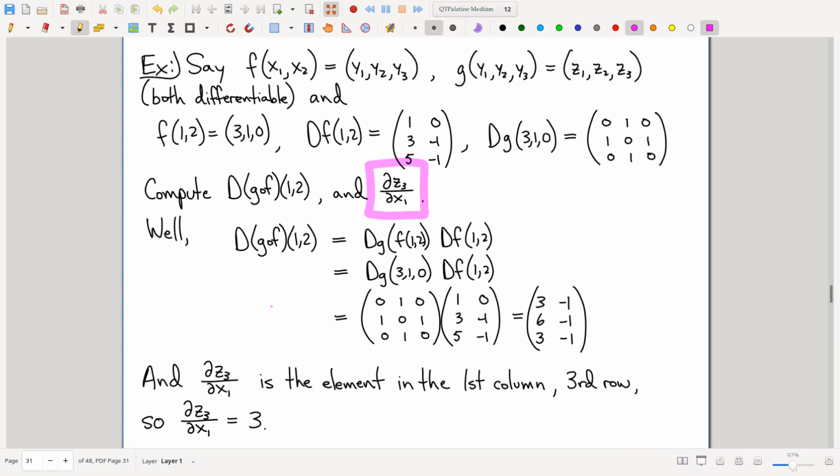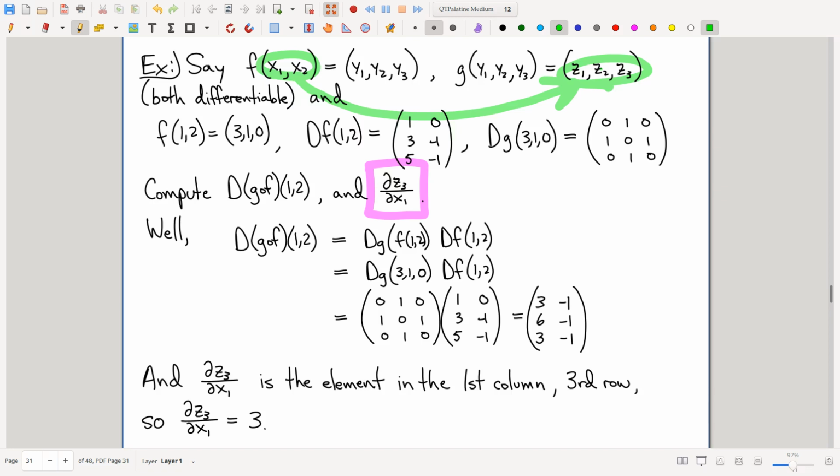Well, keeping in mind the composition takes these inputs and gives those outputs. So this question is asking us for one of these specific partials of the z's with respect to the x's, namely one of the specific partials in this composition. So we're going to be looking for a particular element of this composition matrix.